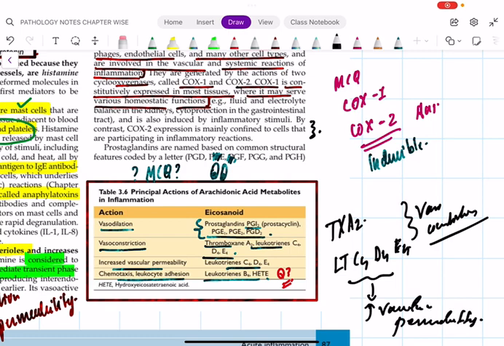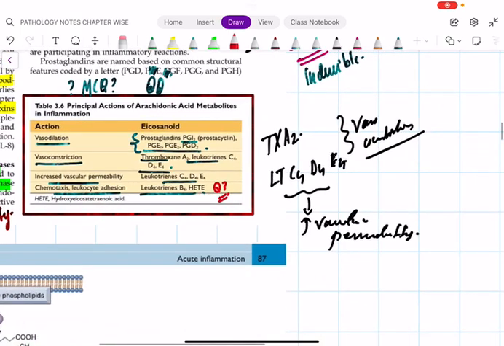Already this has been asked as a PG entrance exam question: which of the following leukotrienes are mainly involved in increasing vascular permeability? Answer is C4, D4, E4.